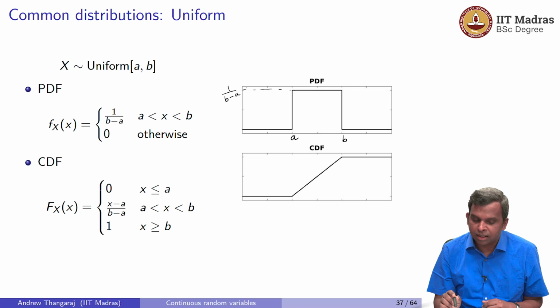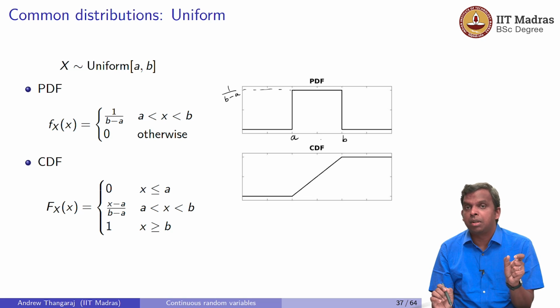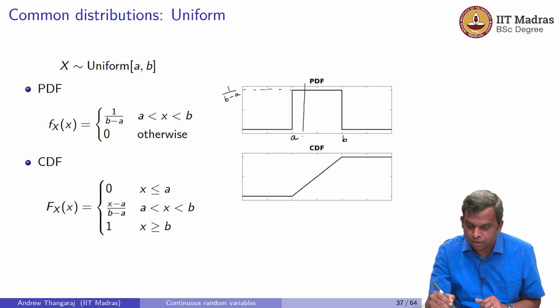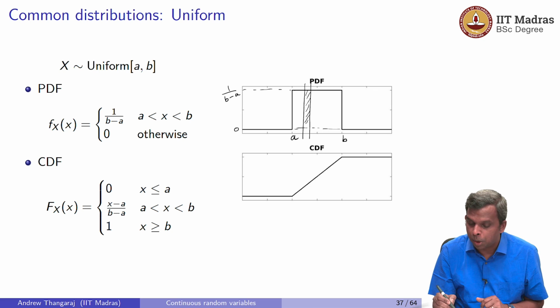You can see why the uniform comes in. You take any interval between a and b, as long as the width of the interval is the same, the probability of the random variable falling in that interval is the same. This area is the probability of the random variable falling in the interval.